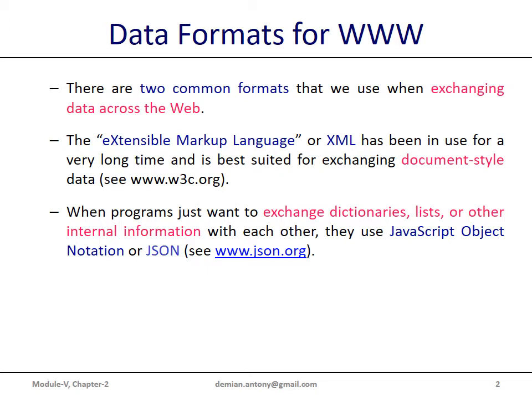When programs want to exchange data which is of structure like dictionary, list or other internal information not concretely structured, the programs can use this JSON format to exchange the data.